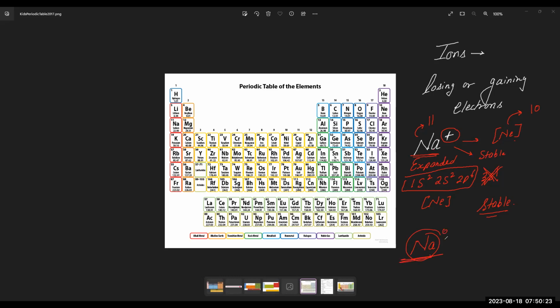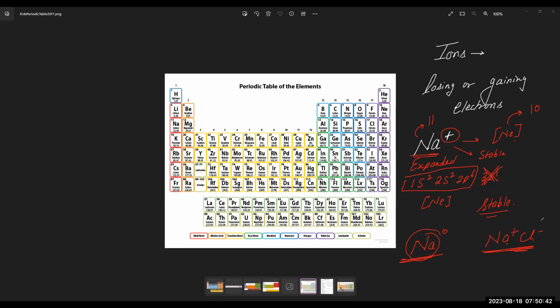You will find it as Na plus in abundance in all salts, NaCl, Na plus Cl minus. This is in seawater, plenty of it, because it's stable, right?